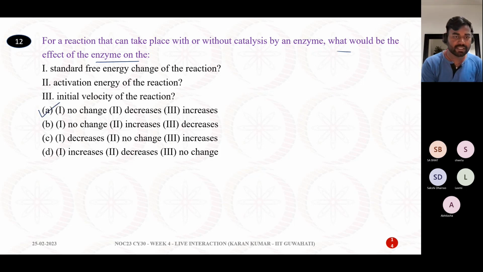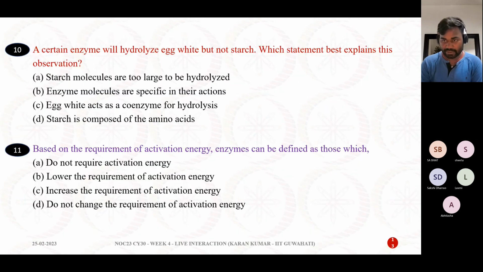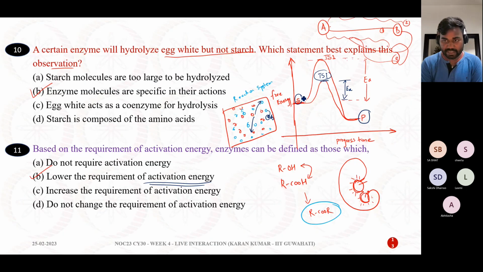There will be no change in the free energy, as I have already shown you in the last slide where I showed this landscape. It is not changing the free energy of reactants or products, but it is lowering the activation energy.